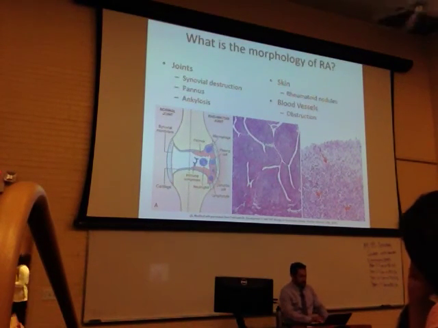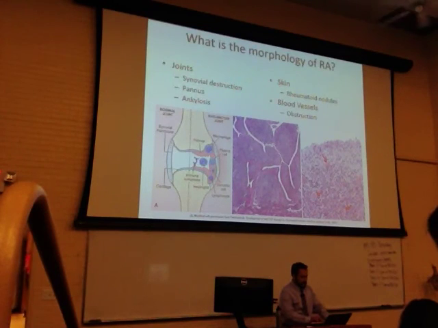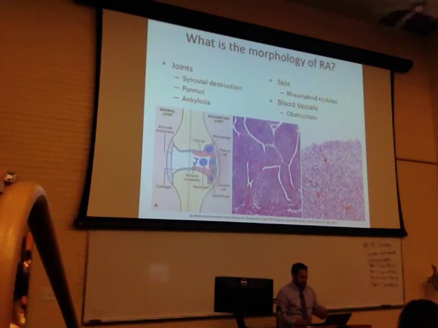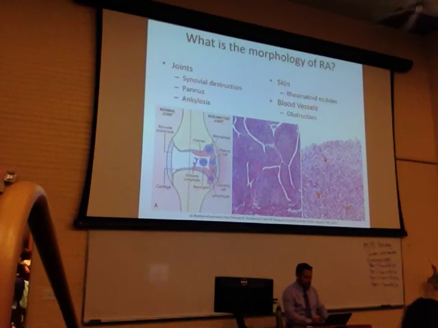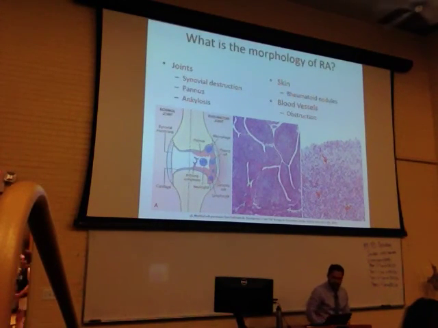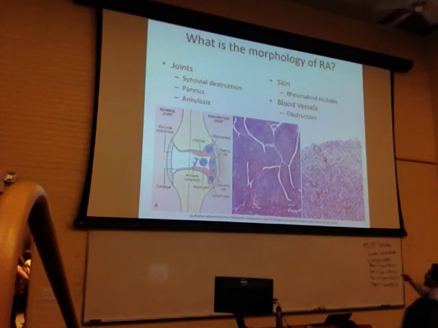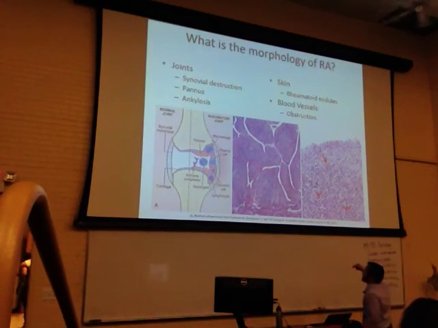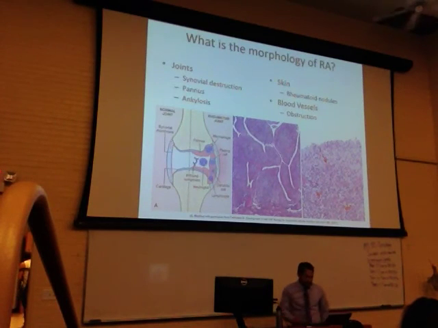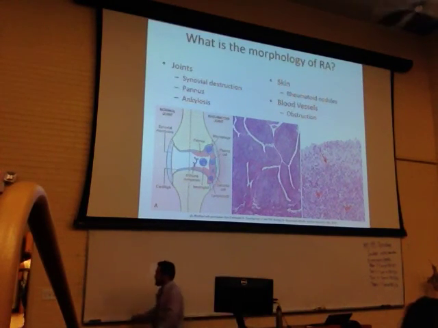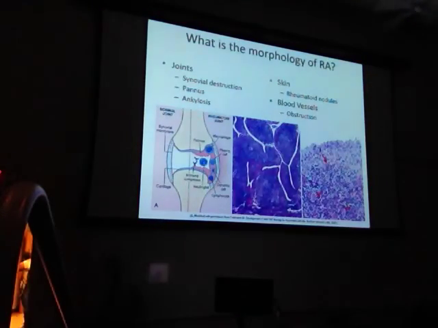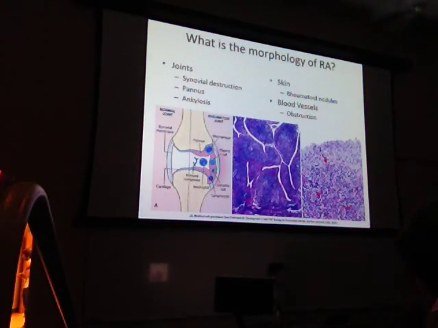If you look at the middle picture, you can see a low magnification of synovial hypertrophy, showing all of the swelling that's taking place, and you've got the infiltration of the inflammatory mediators. On the far right, you're starting to get dense collections of aggregates.